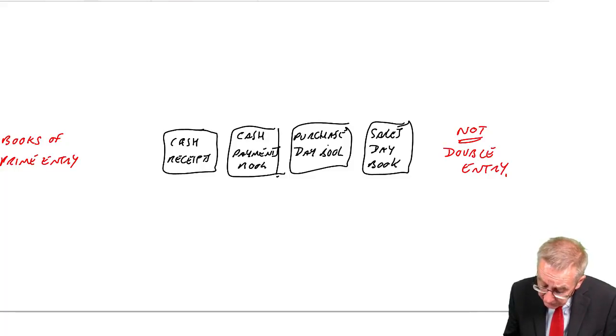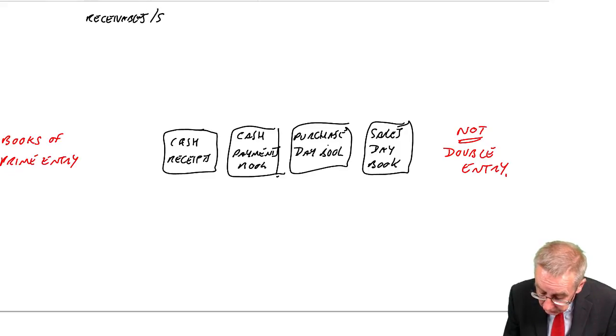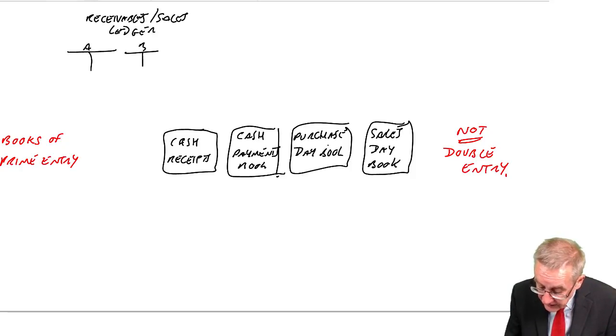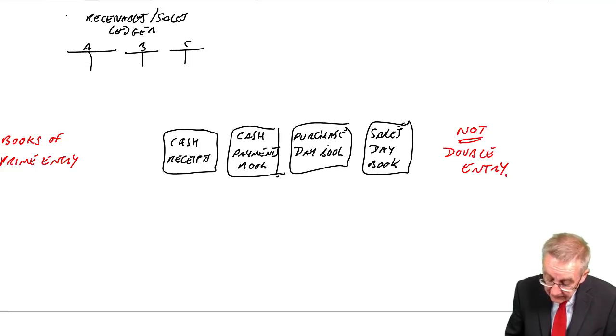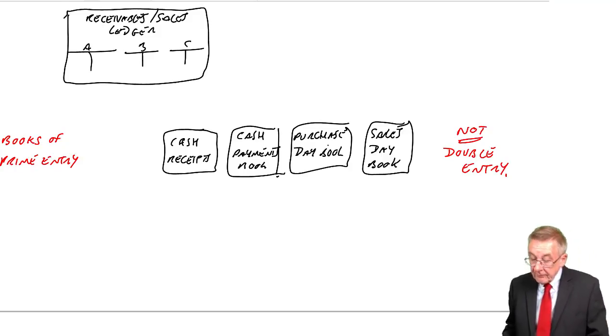And so we've got a receivables or sales ledger, well, we've got accounts for Mr. A, Mr. B, Mr. C, and so on.